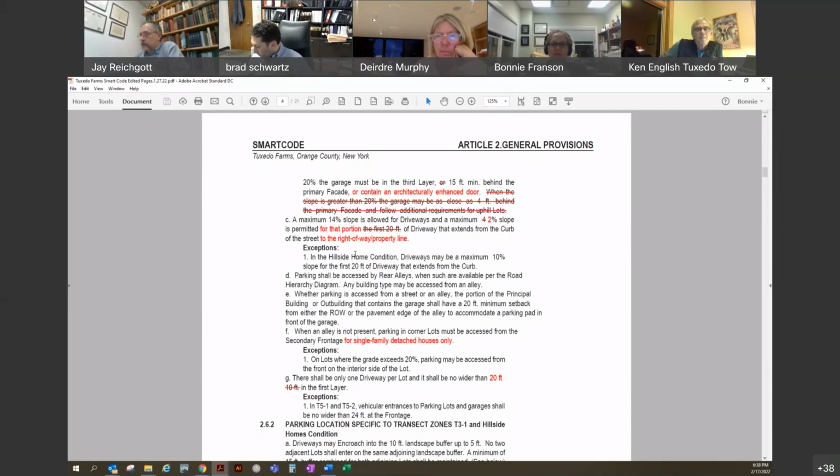Because to Michelle's earlier point, the waivers on the side lawns or whatever they are depend on the neighborhood and the size of the lot, and that would be a neighborhood issue. So the product type, of course. Yeah, and the product type. So to me, some modifications that take into account the neighborhood and the product type would get us to where we need to be. That's my opinion.